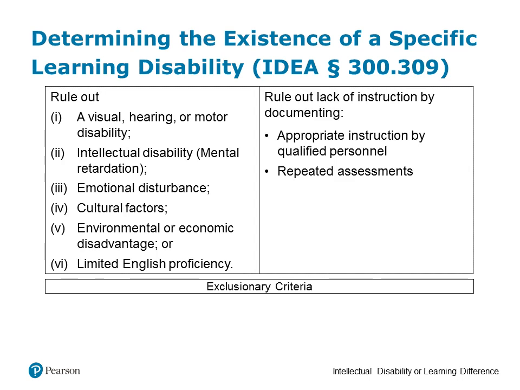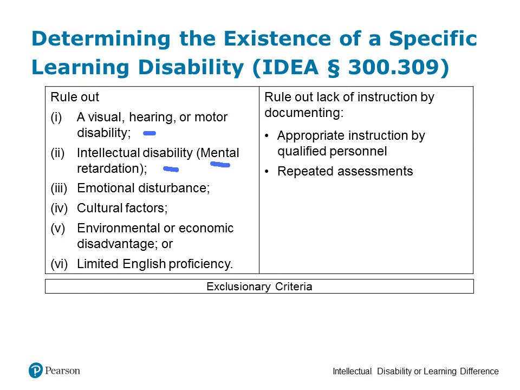In addition to those inclusionary criteria, you also want to make sure that your data will allow you to rule out disabilities in terms of vision, hearing, or motor, an intellectual disability. IDEA refers to that as mental retardation. Certainly we know that the terminology has changed now, intellectual disability.